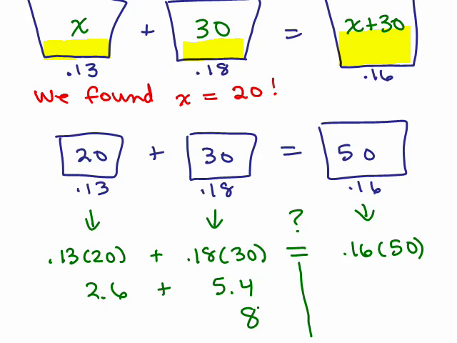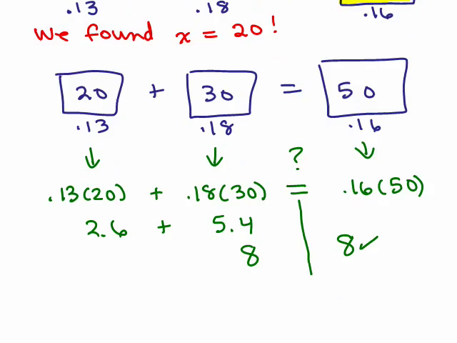So I know there are 8 cups of pure apple juice in the first two containers. Now, on the other hand, I want to end up with 16% of pure apple juice in the mixture. So 16% of 50, if you figure that out, it's 8. So yes, you do have the same amount of apple juice in each.